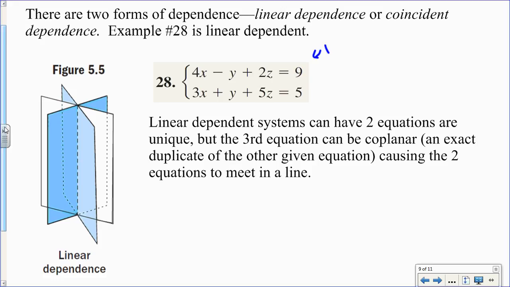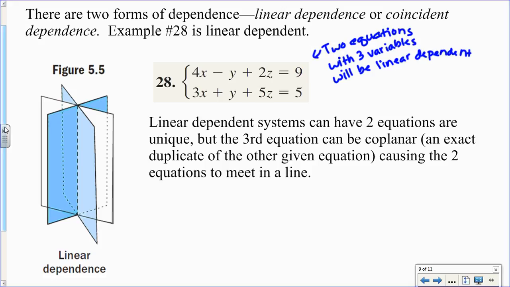Like this one, two equations with three variables will be linear dependent. This is like taking off the third equation that would be a duplicate of one of those two.